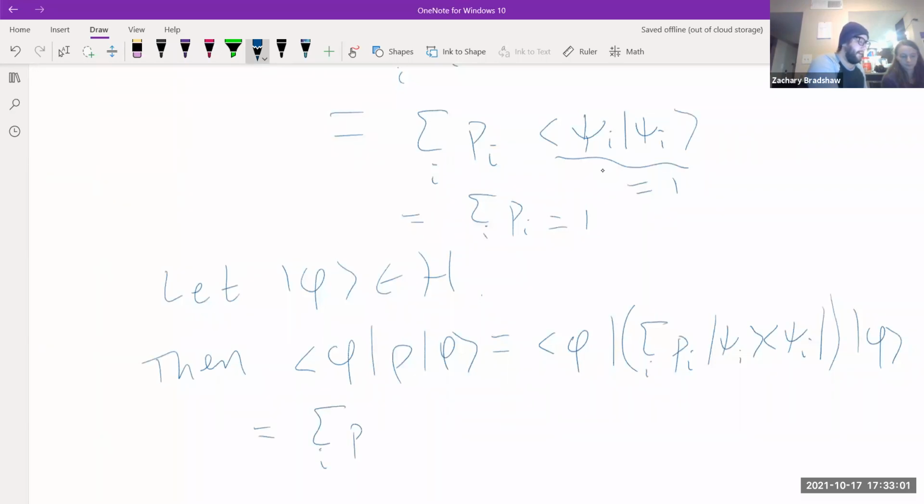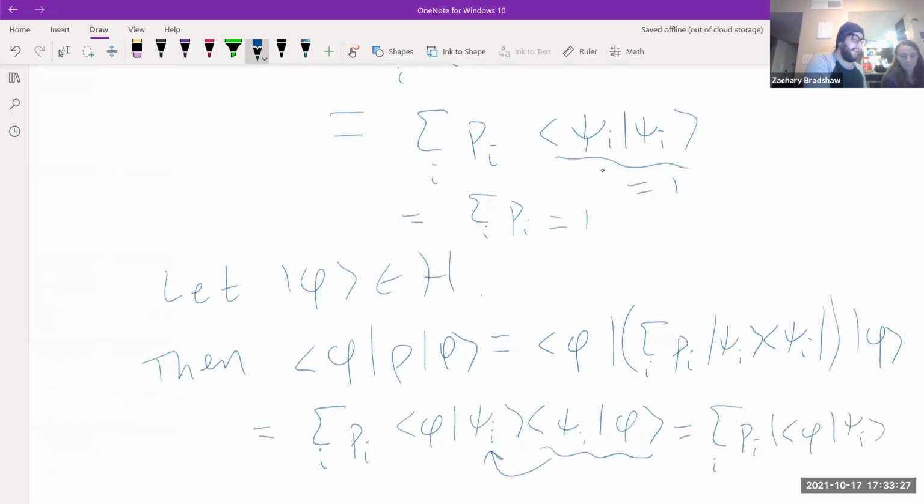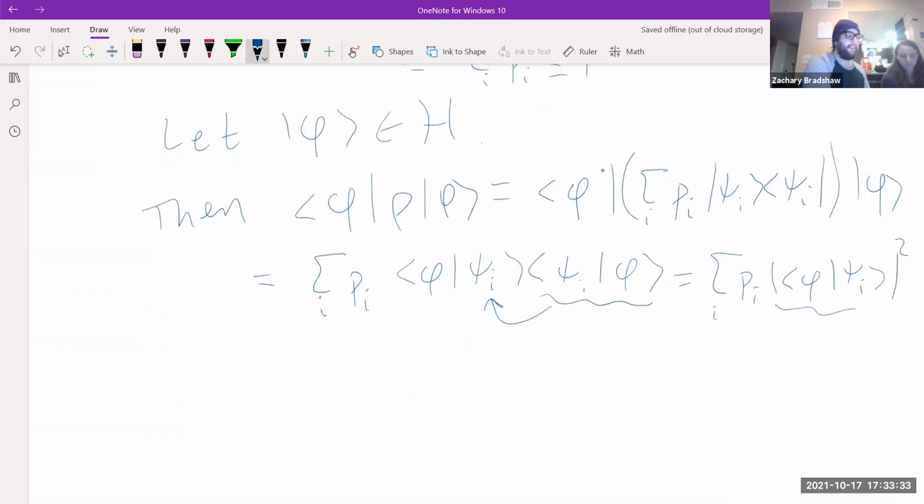This is the sum over i, p_i, we have phi inner product with psi i, and then psi i inner product with phi. But this is the conjugate of that. So if we remember a little complex analysis, this is the inner product of phi with psi i modulus squared. And the point is that this thing is greater than or equal to 0. And this is a probability, so it's greater than or equal to 0. So the whole thing must be greater than or equal to 0. And so that's the first direction.